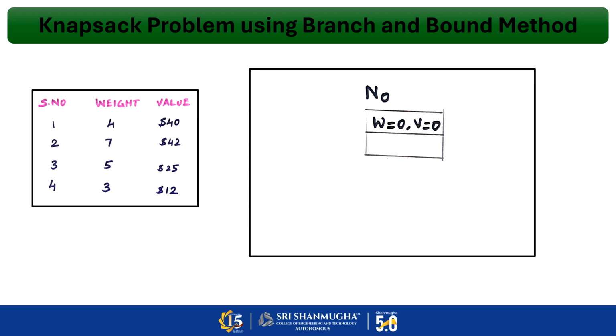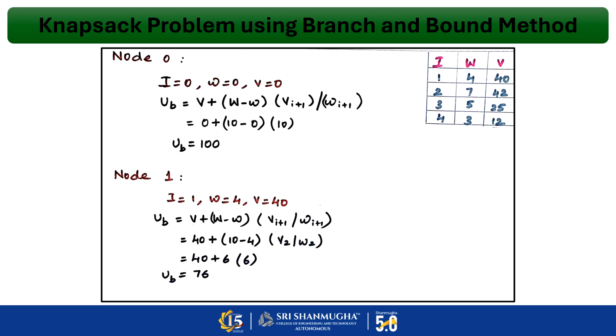Now in this case we have to apply the formula and find the upper bound value. Got it? Now just observe the formula. We are going to find the value of node 0. At node 0, the item is 0, W is 0, V is 0, because when you look at the table they have given, the item starts only from 1.